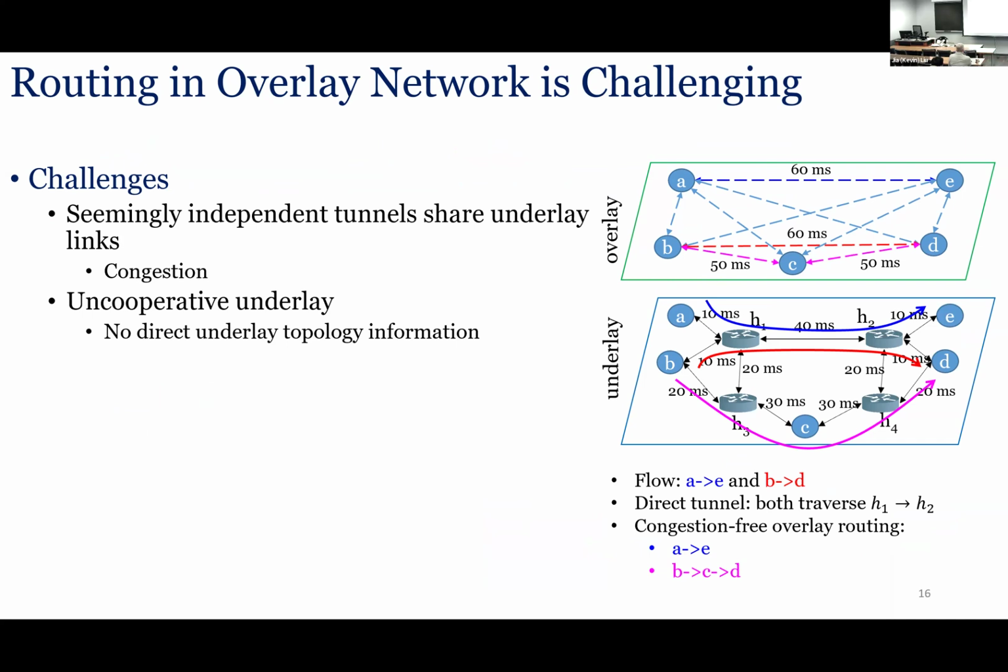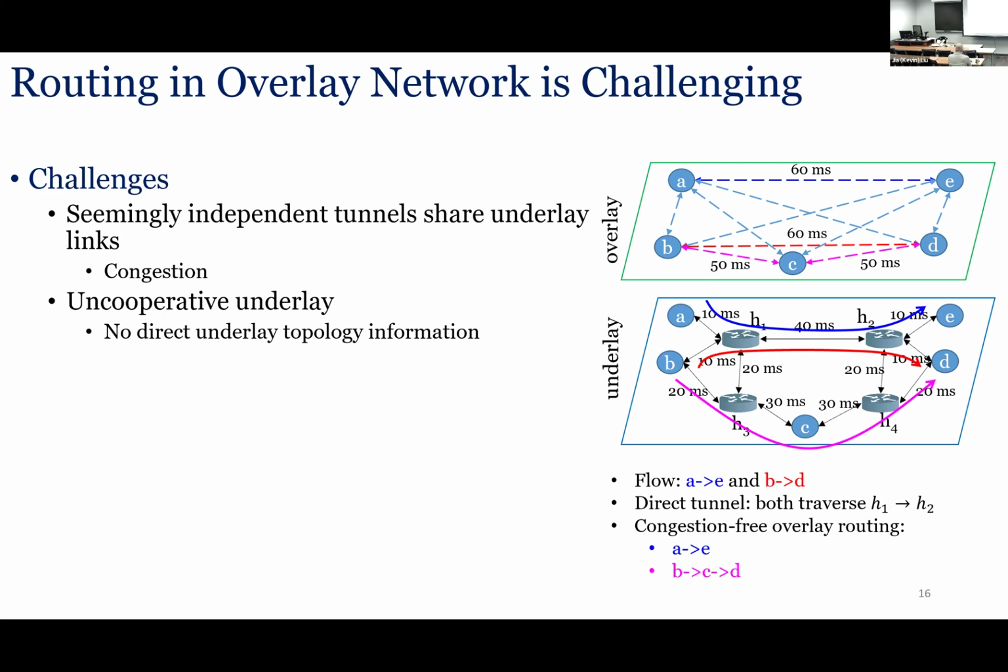Let's say I'm the operator of this overlay network. From my perspective, I actually have a flat network like that. And if I just optimize the routing of flow demand, let's say I have some flow from A that wants to go to E, and a flow that enters at B and wants to go to D, between my overlay routers. If I just directly optimize my routing within the overlay topology itself, bad things can happen.